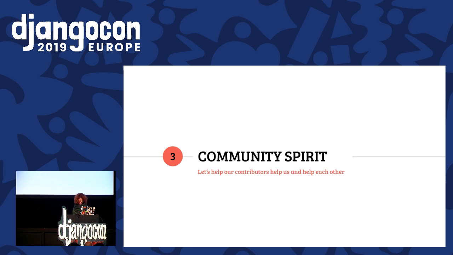The last thing I want to talk about, before I get to the questions part, is the community spirit. When I joined Red Hat, when I moved, I'm from Israel, now I live in Prague, and when I started traveling around, especially to Python and Django events, and then writing the docs, I realized that there's a lot we can do when we collaborate. One of the great things about working in open source is that spirit of collaboration.